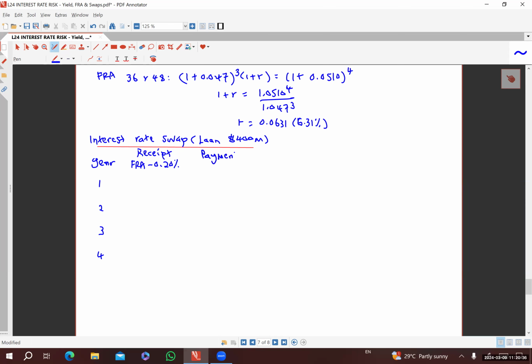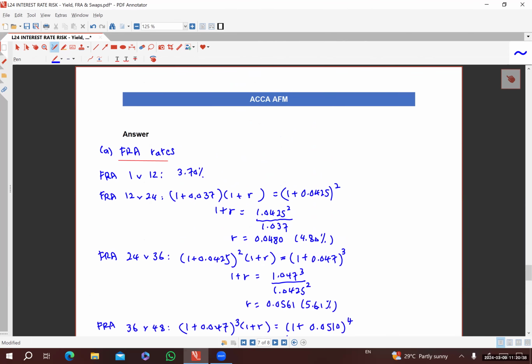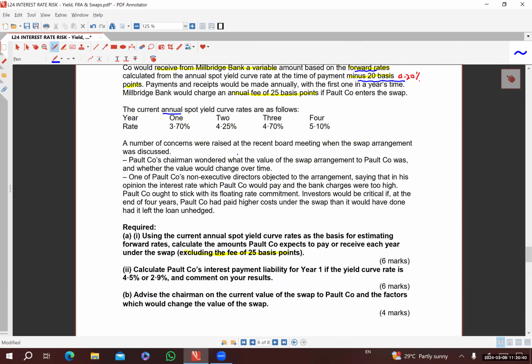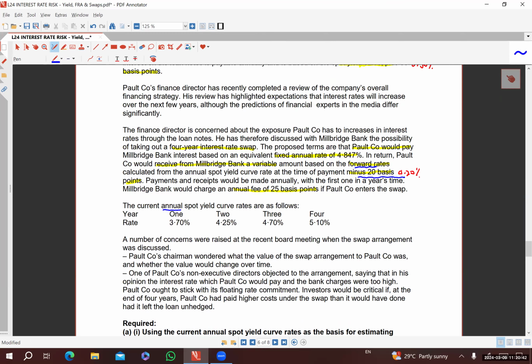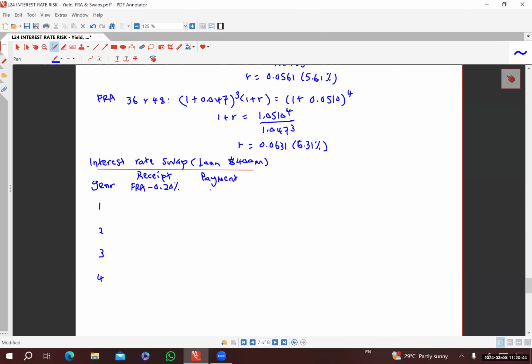What we pay in the swap is a fixed rate of 4.847% per annum. So the net receipt or net payment is what the question asks.